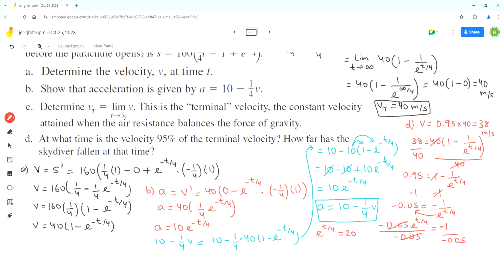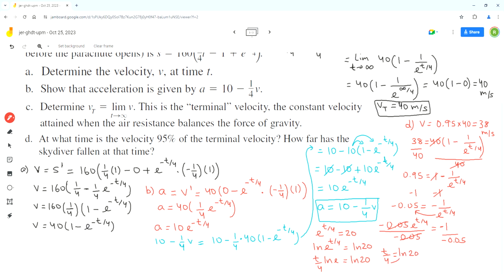Now we have to solve for t, so we'll have to move it down. So we'll apply ln to both sides. ln of e to the power t over 4 equals ln 20. And now as per the power law of log, we can move the exponent t over 4 to the front of the term. So t over 4 ln e equals ln 20. Now we know that ln e is equal to 1. So we get t over 4 equals ln 20.